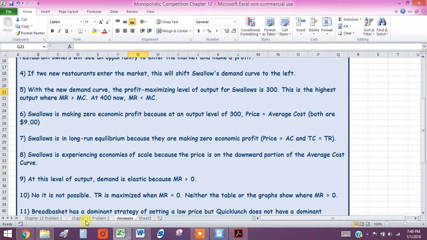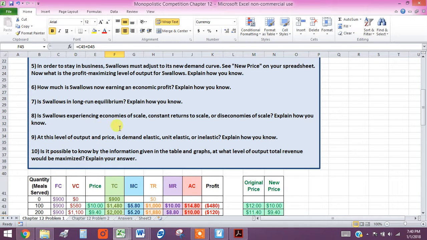Number 8, is Swallows experiencing economies of scale, constant returns to scale, or diseconomies of scale? Explain how you know. Well, if you remember from a previous chapter, you'll know by looking at the average cost curve.